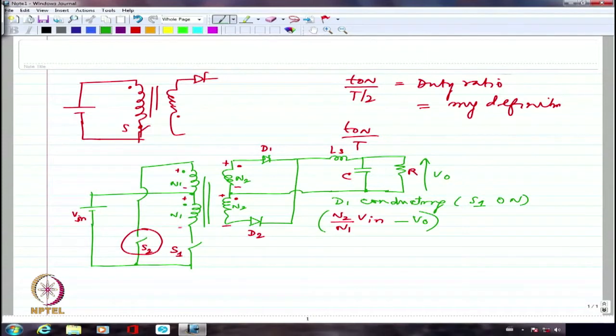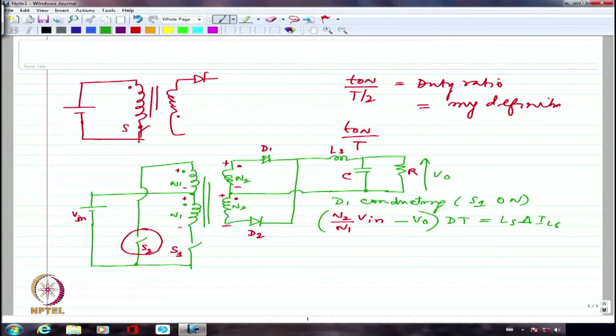So I should multiply this by D times T. Actually, I had multiplied this by D times T by 2 because I had defined the duty ratio that way. That's all is the difference. Okay. So what Daniel Hart shows is something like this. D times T is equal to, right, whatever is the change in current in Ls, which is delta I Ls. Right? This is during the on interval.